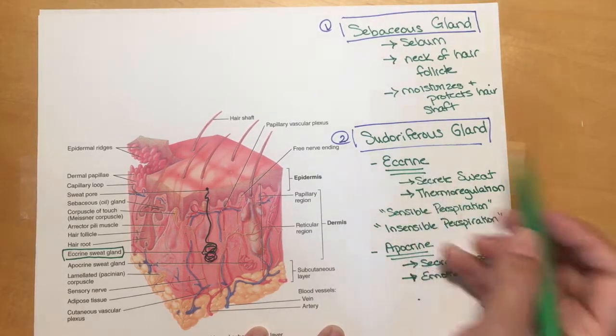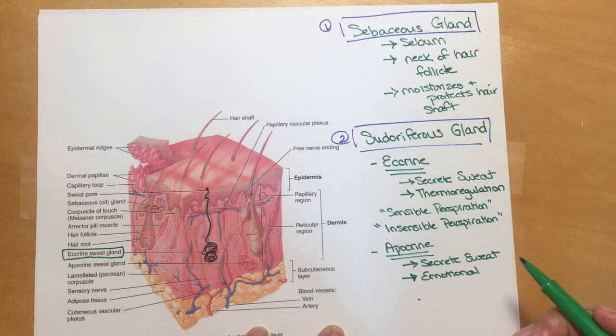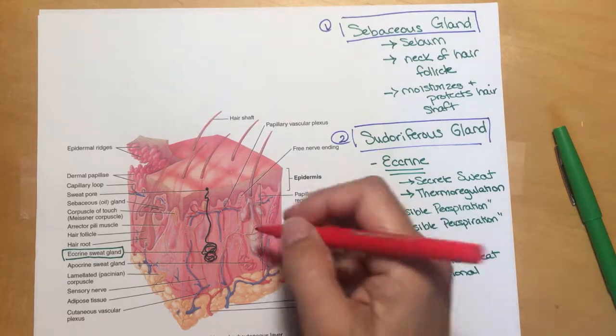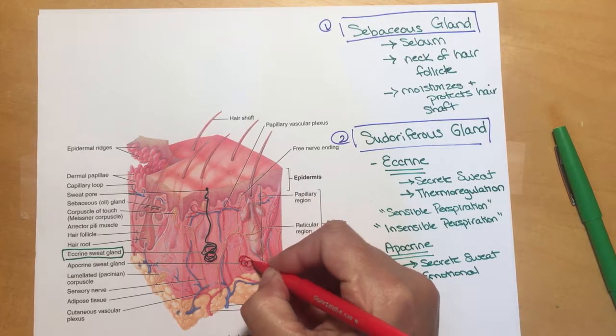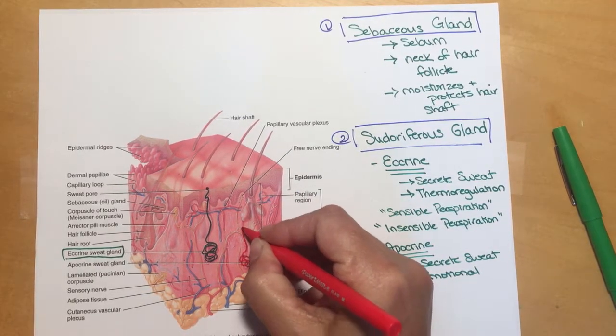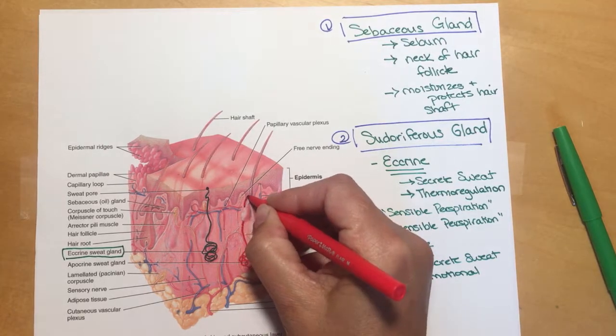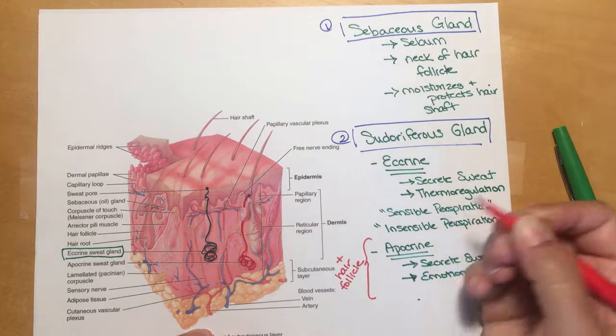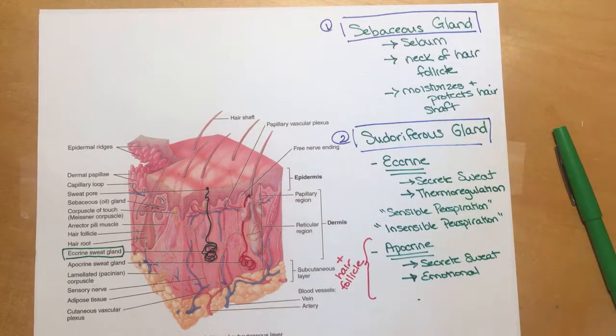So eccrine sweat glands are not associated with a hair follicle, but apocrine sweat glands are. And let me draw it out. Here's an apocrine sweat gland, and you can see its gland comes up here and it opens in the neck of the hair follicle. So if we're talking about armpits and groins, we're talking about pubic hair or underarm hair that these are associated with.